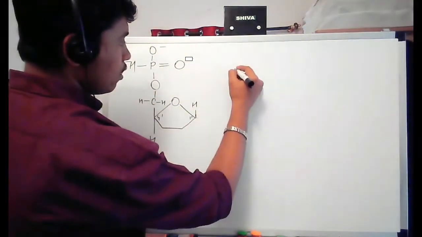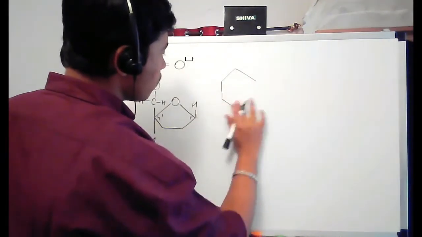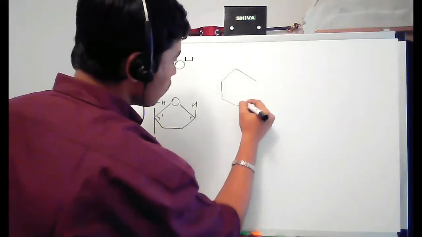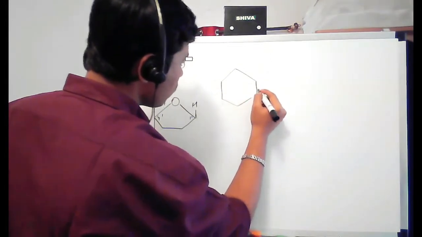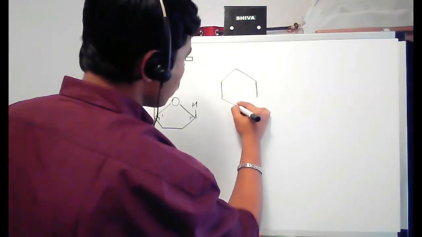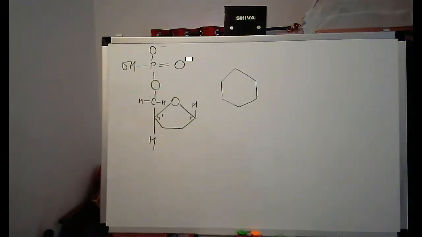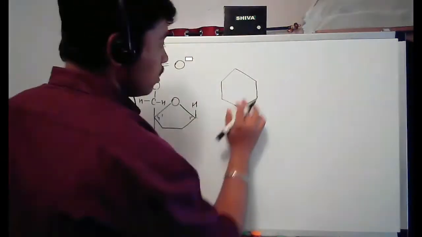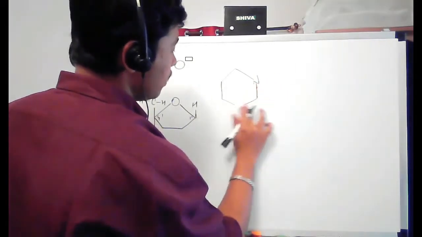Okay, drawing cytidine over here. This is my cytidine. There will be N over here. There will be N over here.